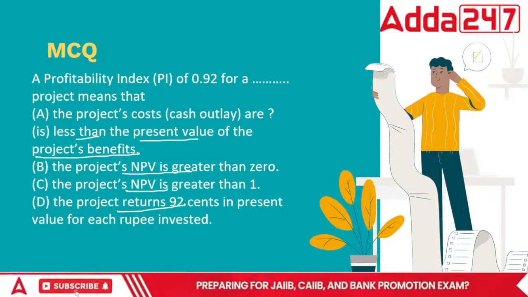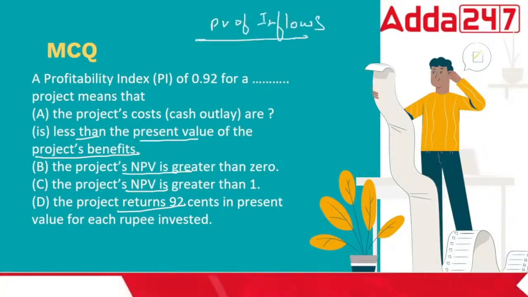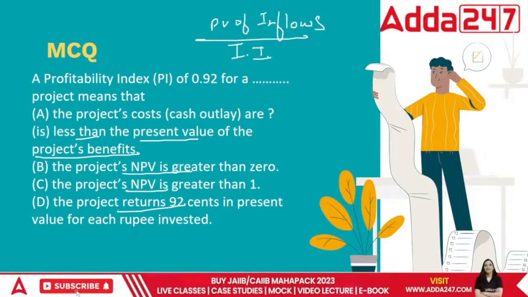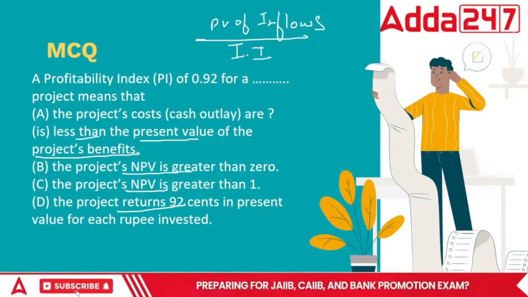In this case, what we do is we find the PV of inflows, whatever money we'll be making from this particular project, divided by our initial investment. How much money can we recover from the initial investment?